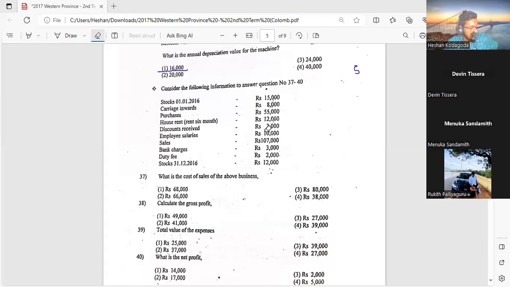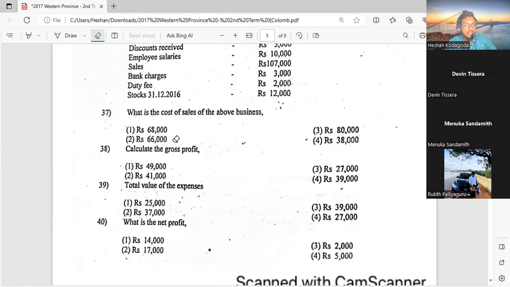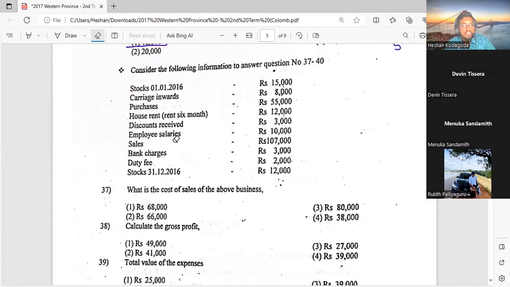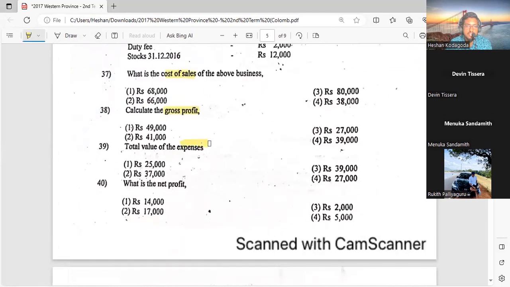Right. Okay. Now the other one. Question number 37 to 40. Consider the following information to answer questions 37 to 40. So what are the requirements? Cost of sales, gross profit, expenses, and net profit.